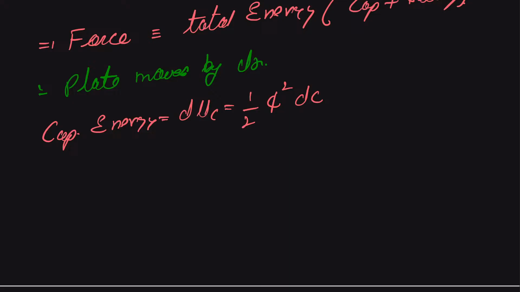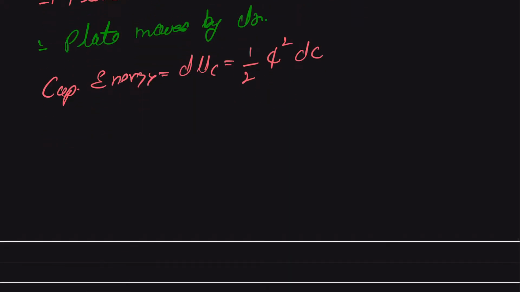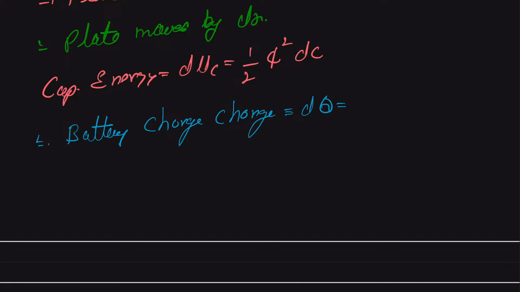And there will also be the battery charge change. So let us put that as dq. dq will be equal to the potential times the change in the capacitance. Okay.